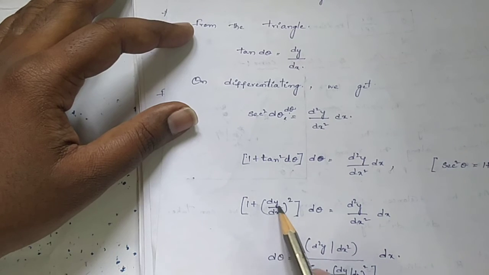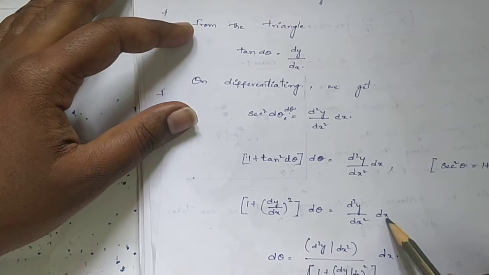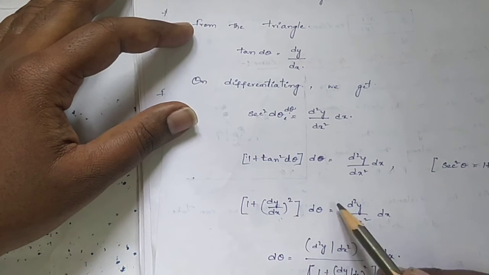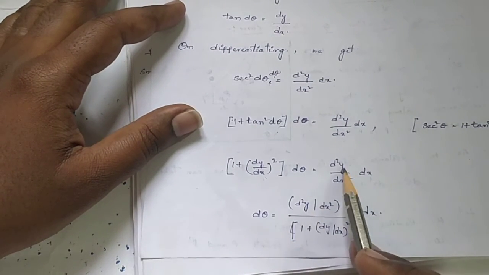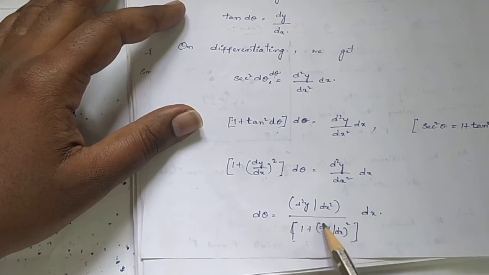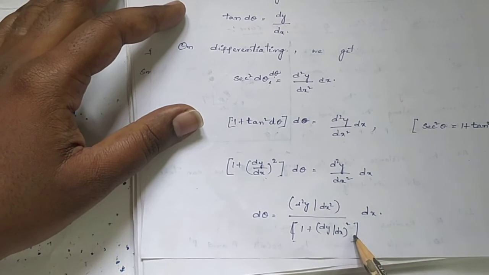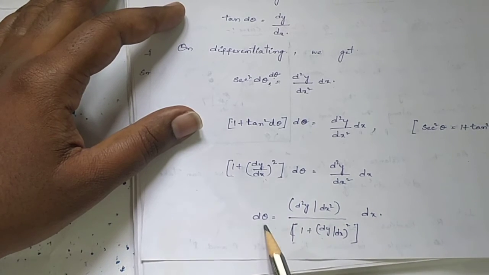So 1 plus dy by dx whole square into d theta equals d square y by dx square into dx. So this equation can be written as d theta equals d square y by dx square into dx by 1 plus dy by dx whole square.